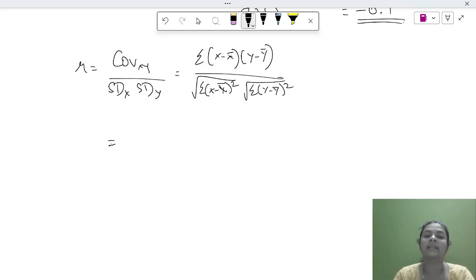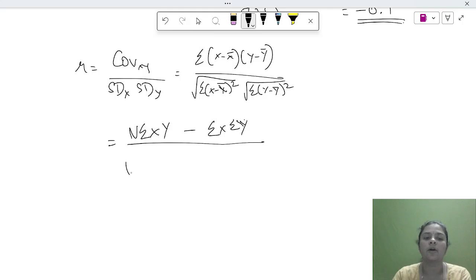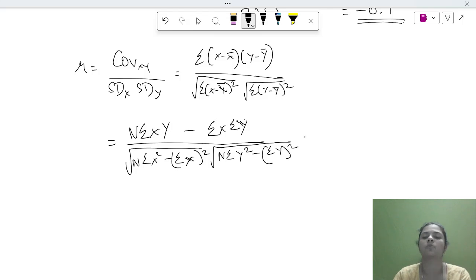There is an alternative formula which is more frequently tested also. N sigma xy minus sigma x into sigma y divided by root of n sigma x square minus sigma x the whole square into root of n sigma y square minus sigma y the whole square.